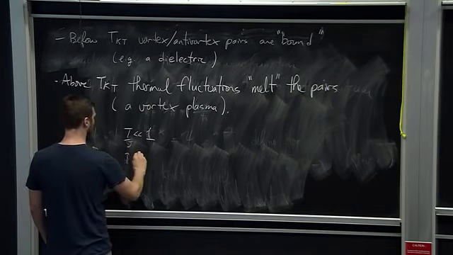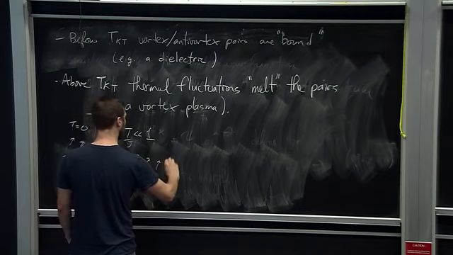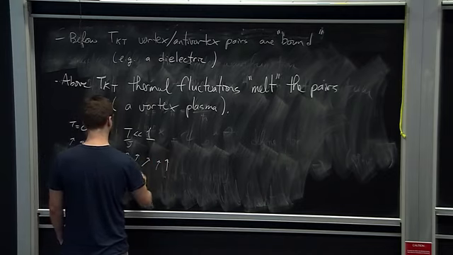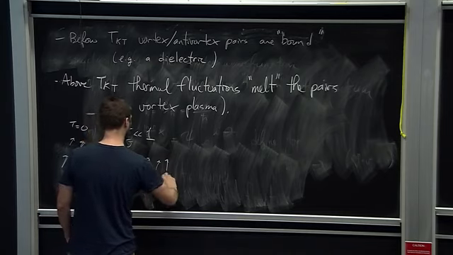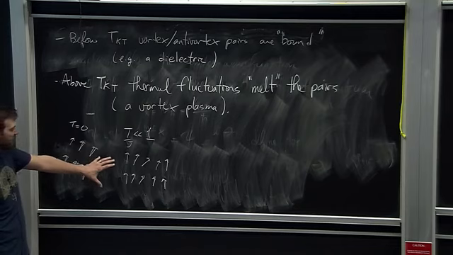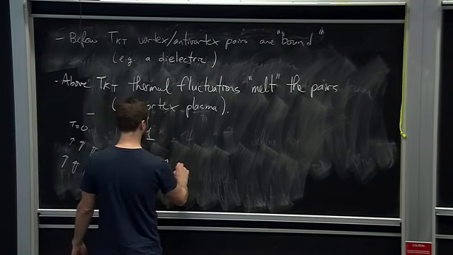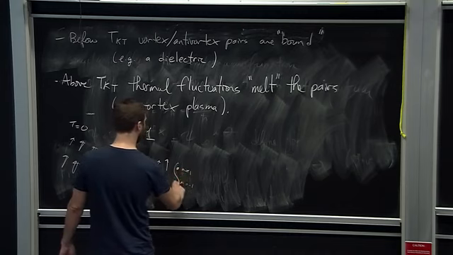Then you might get long wavelength fluctuations, I don't know what they look like, which strictly kill the long range order. So there's no long range order here. That's the Mermin-Wagner theorem. But then you can also get bound vortex, anti-vortex pairs, as long as they're close together.